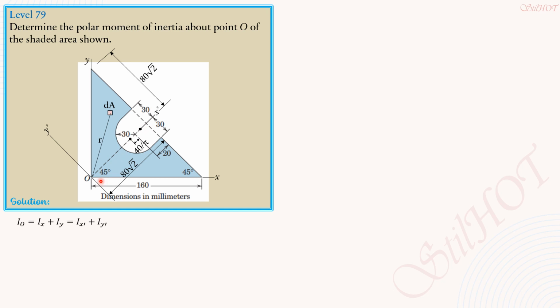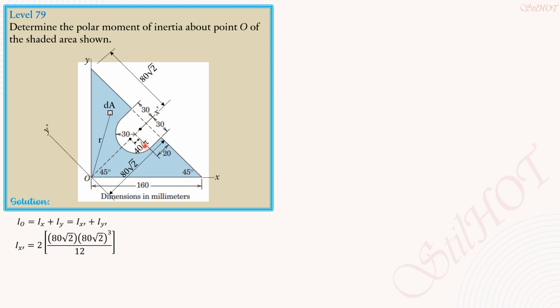And therefore, it is 2 times 80 square root of 2 times 80 square root of 2 quantity cube over 12 with respect to the base, remember? So Ix prime equals, for the two triangles, 2 times 80 square root of 2 times 80 square root of 2 cube over 12. So that's for the two triangles with respect to the x prime axis.